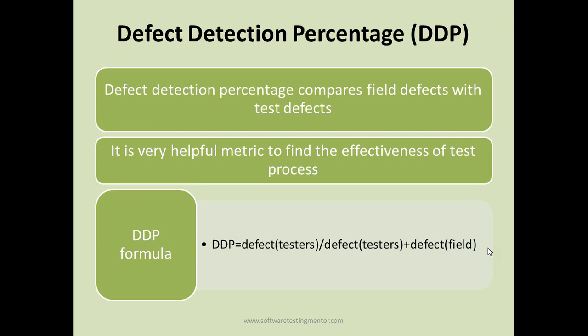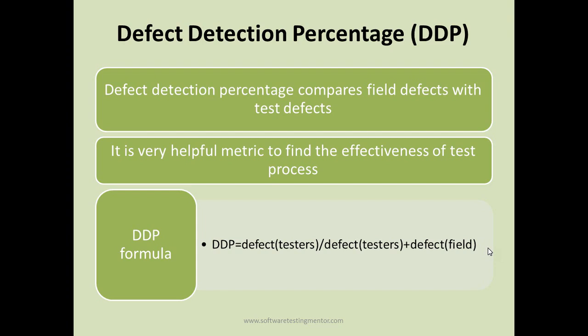As soon as DDP starts reducing from 1, you need to take care of the issues in the test process. You need to improve the test process. So suppose defects found by testers are 100, and defects found in the field once the software is deployed are another 100.